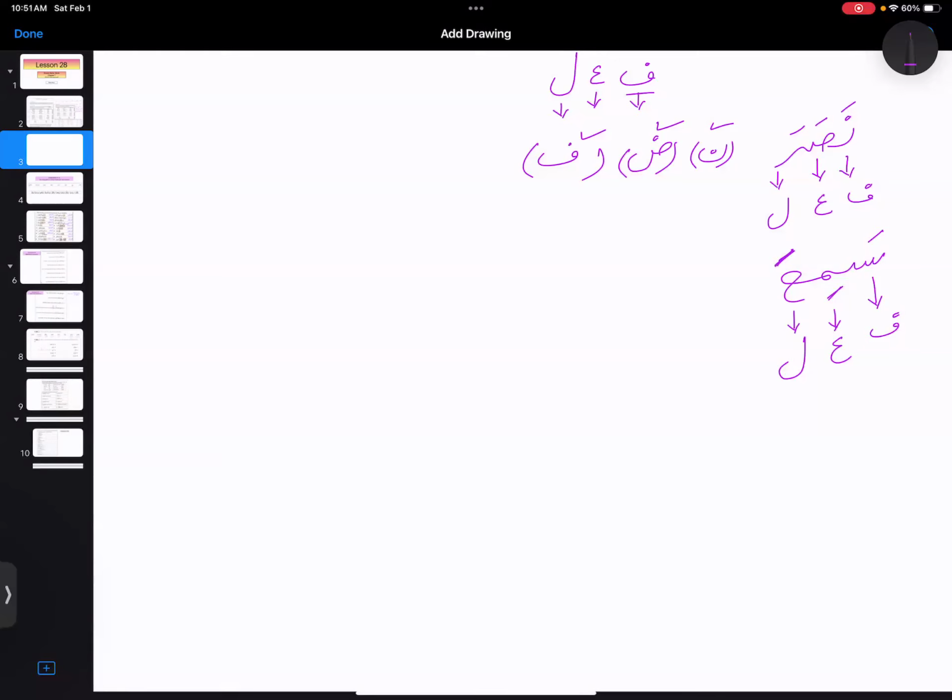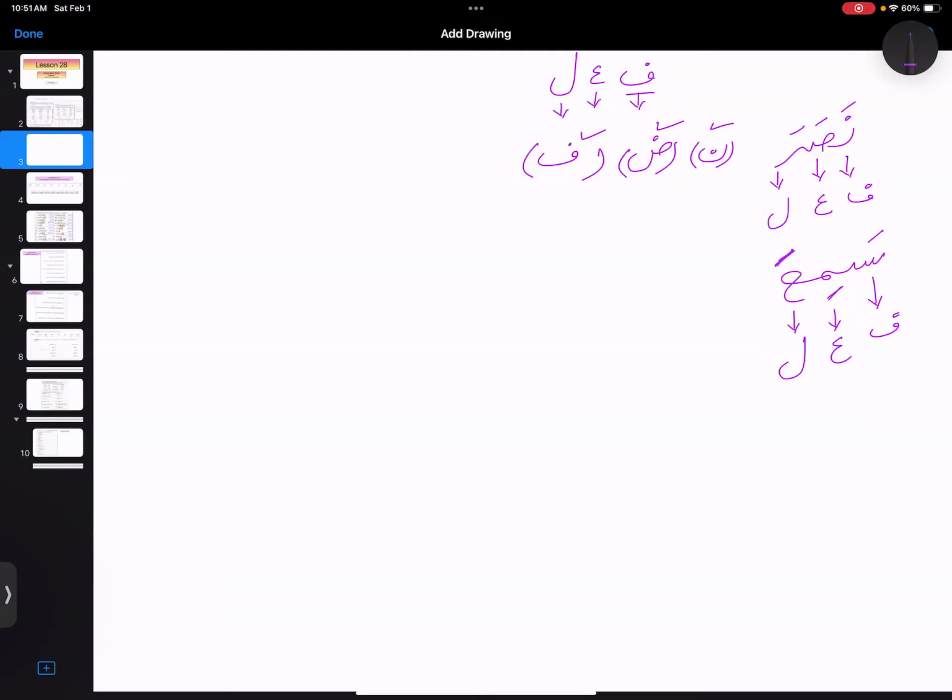And why do I need to know this bab? Because I need to convert my fi'l madi into mudari. So when I am converting my madi into mudariya, I need to know what haraka my middle root letter will take.